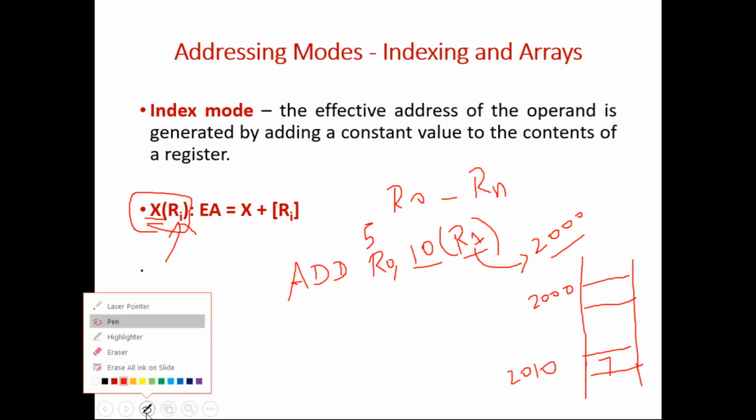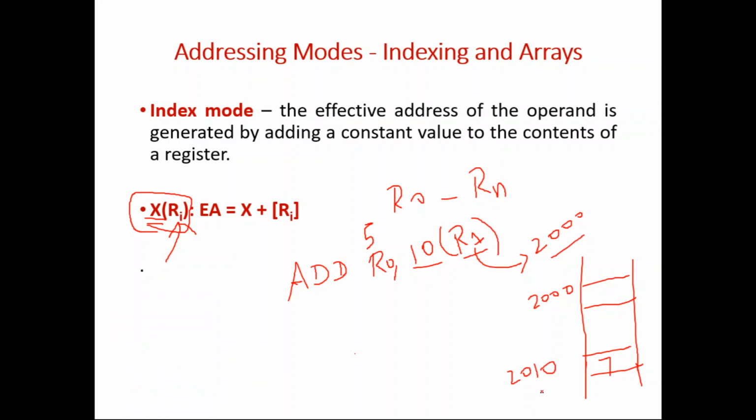So this is how this particular addressing mode, index addressing mode, works. Normally we use this for accessing arrays. Say, for example, we are storing array values from 2000 to 2010. Then initially I want to add all these things.